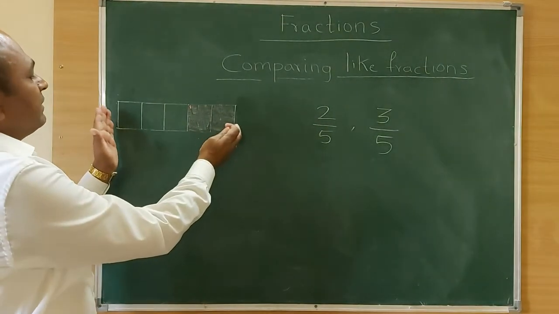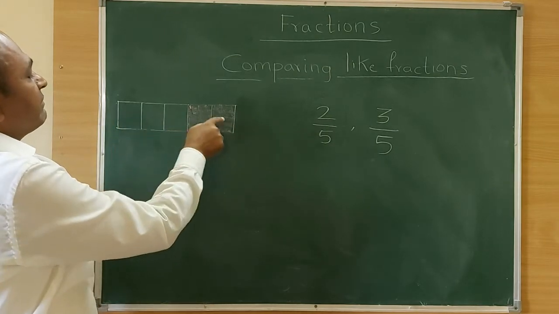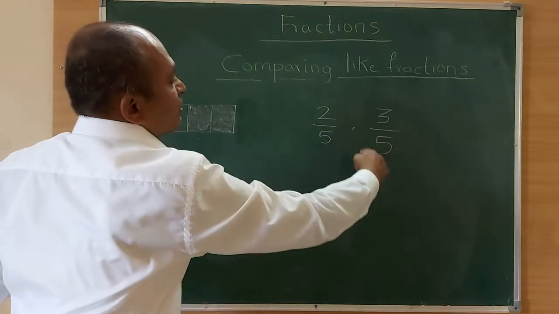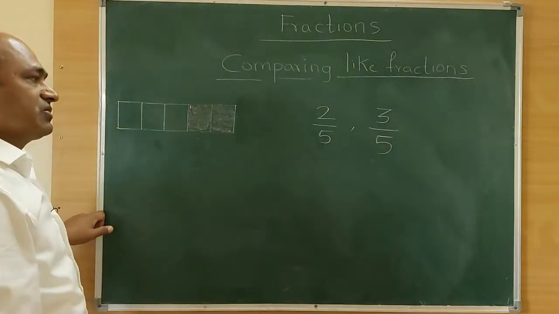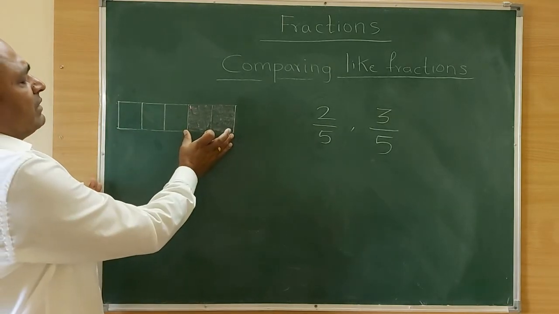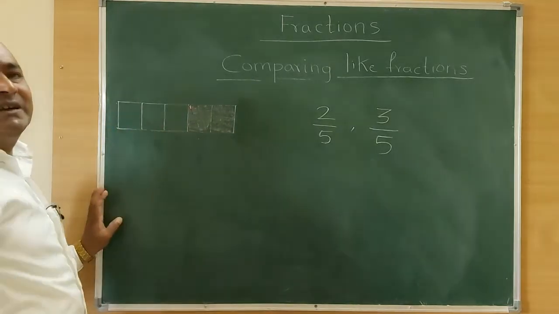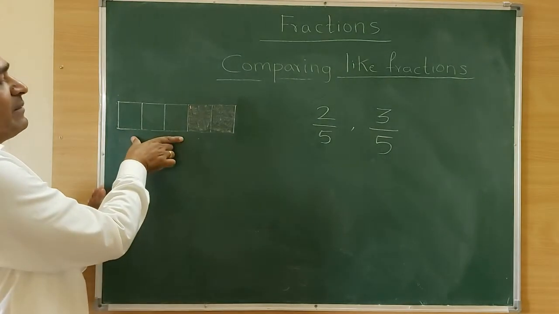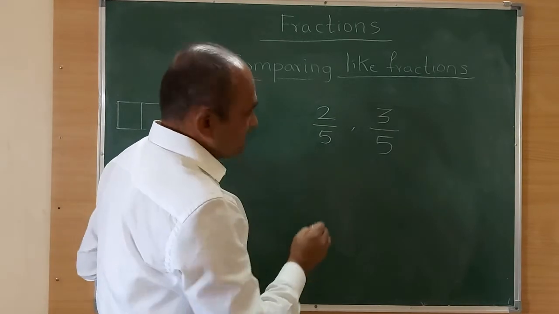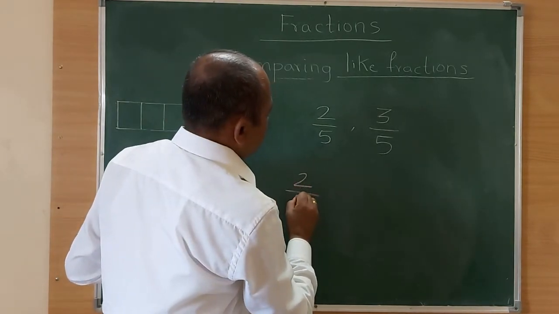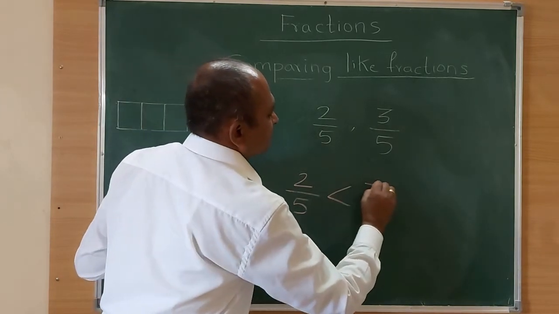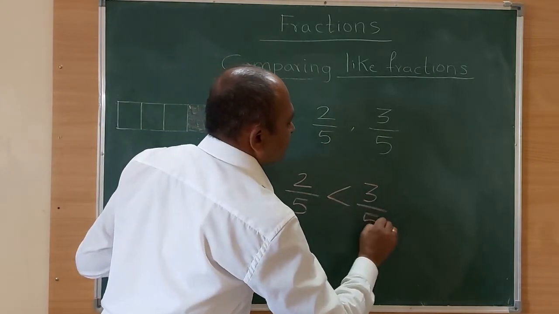Now from the figure you can easily make out whether the shaded part is more or the unshaded part is more. Yes, the unshaded part is more. So this fraction is greater. I can write: 2 upon 5 is smaller than 3 upon 5.